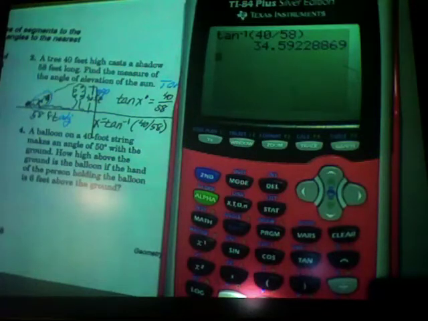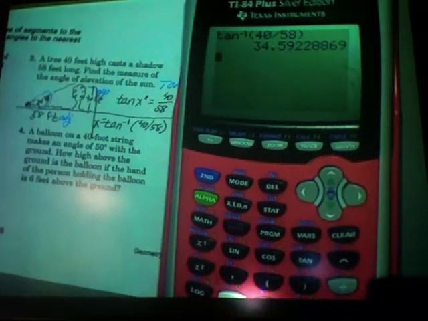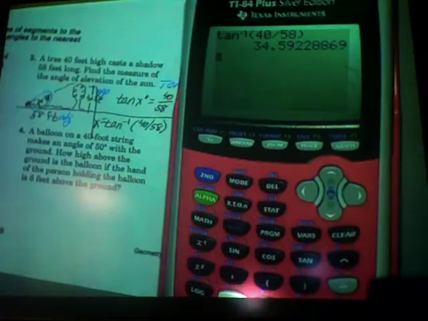So we're going to round to the nearest, since it's a degree, what does the direction say to round to? The nearest degree. Now this one's actually 34 point rounds to 6, doesn't it? It's almost directly in the middle, but it is closer. 34.6 is closer to 34 or 35? It's closer to 35.